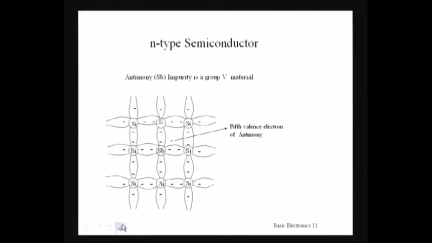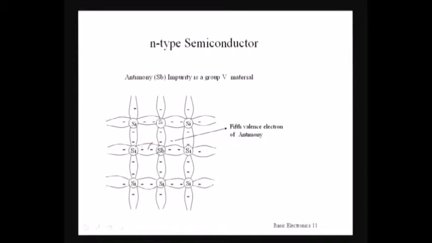But what happens when you add an impurity atom to a pure semiconductor? Let us take, for example, an N-type semiconductor, and how it is formed. N-type semiconductor means we have to add a pentavalent impurity material. So let us take the example of adding antimony, which is a pentavalent impurity, a group 5 material having 5 electrons in the outermost orbit, to a silicon semiconductor. Now, this silicon atom has 4 electrons in the outermost orbit.